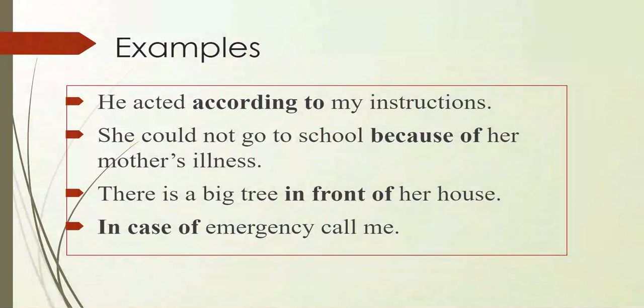Gandhiji died for the sake of India's freedom. For the sake of is a prepositional phrase. Control your expenditure according to your pocket. Send your application in advance with the norms. So, in advance with is a prepositional phrase.